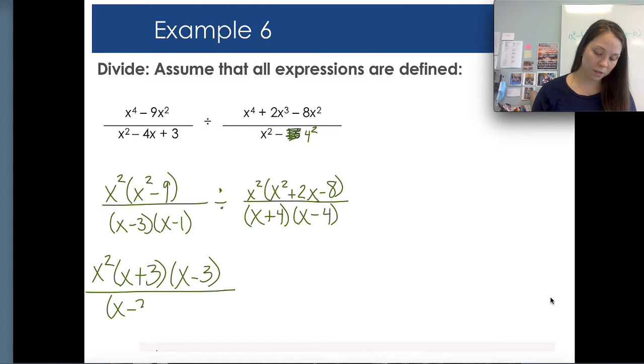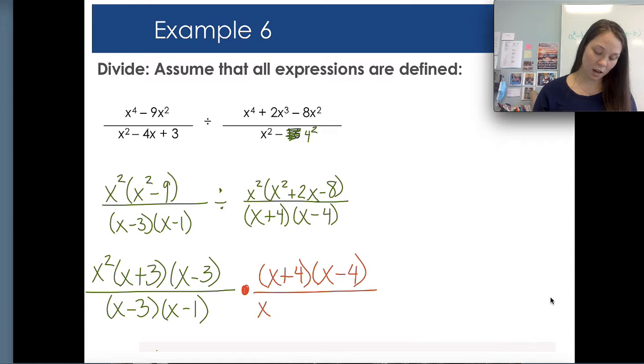The denominator of this first fraction cannot be simplified any further. I'm going to change my division symbol into a multiplication sign, and I'm going to take this second fraction and flip it around. So x plus 4 and x minus 4 is in the numerator.